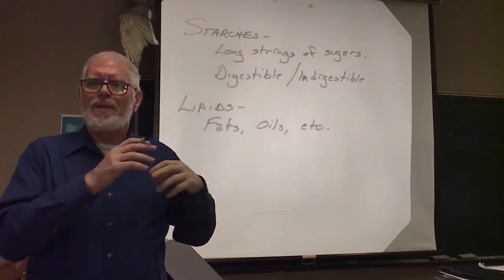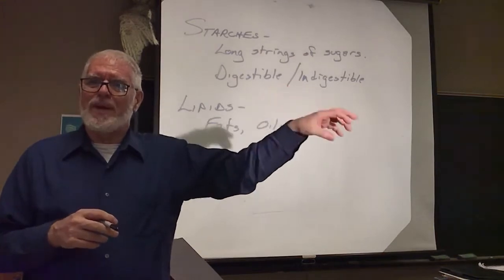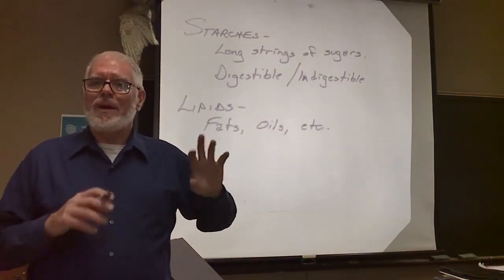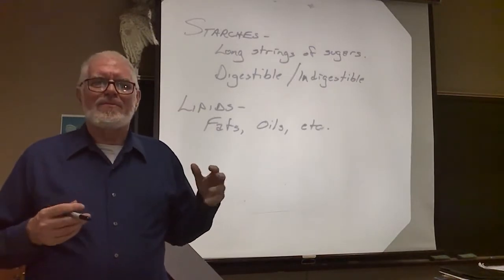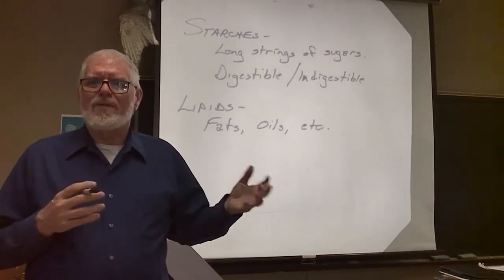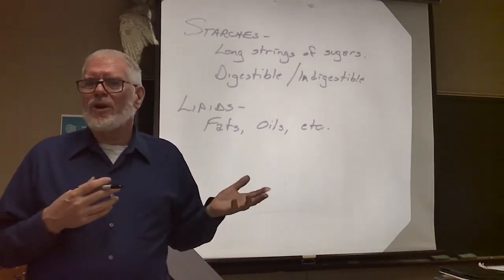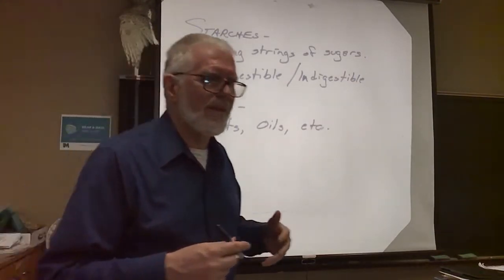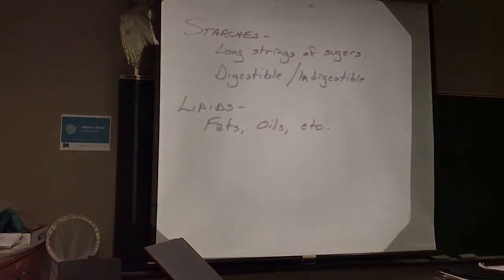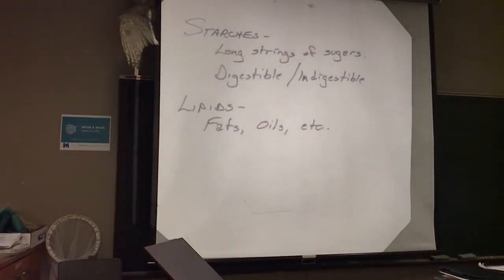And a lot of times what makes one marker different from another is we pin some sugars on it to make it readable as us. Other than that, in most of what we run into, sugars are basically energy. Starch is stored energy. Lipids: fats, oils, and a lot of other things.